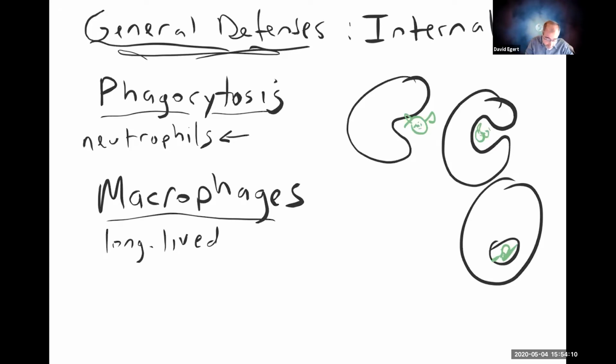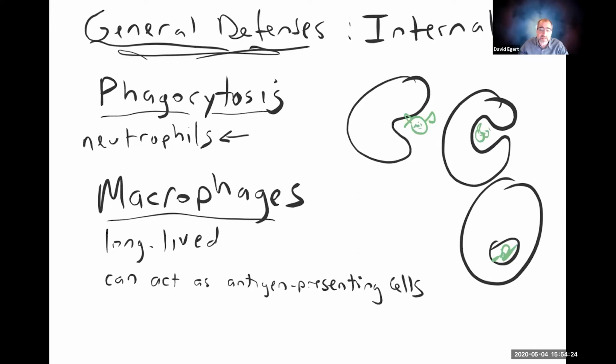These can act as antigen presenting cells. What that means is they'll eat something and then they'll take a little piece of it, what it looks like, and present it to the specific immune system and say, look what I just ate.